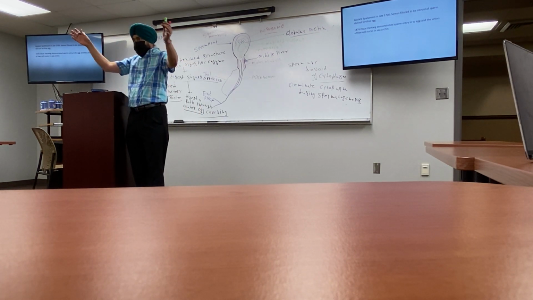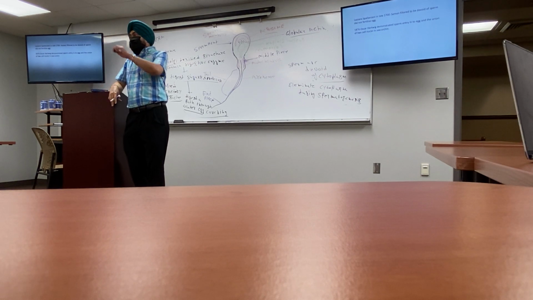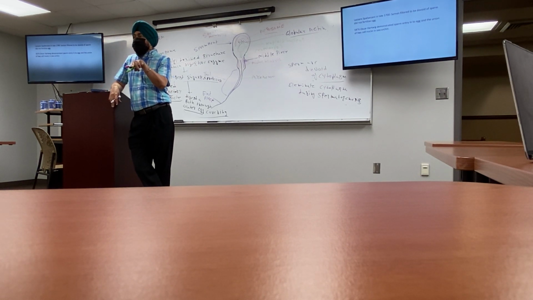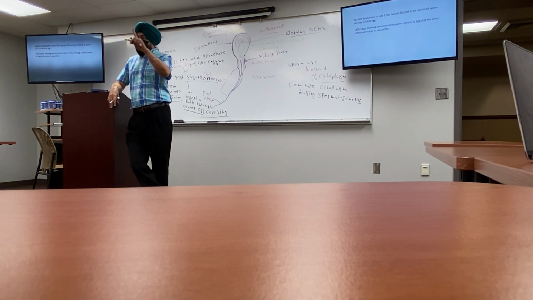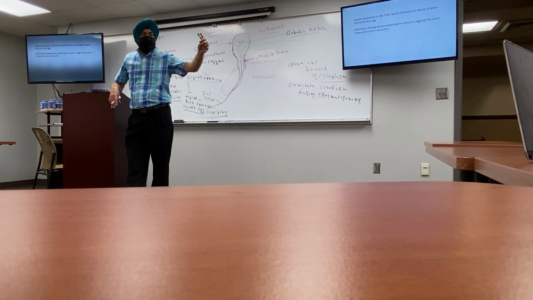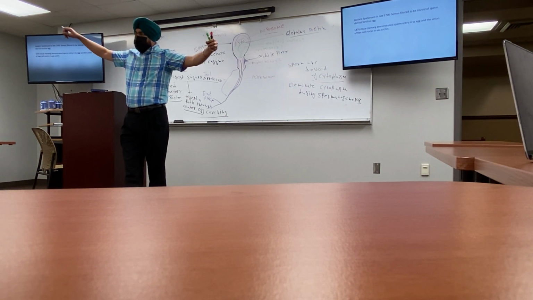A little bit more. So, what does G-actin do? G is globular, right? It's a monomer. Many actin monomers come together to give a fiber.